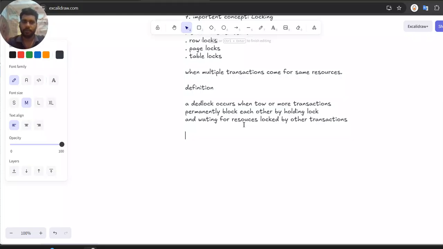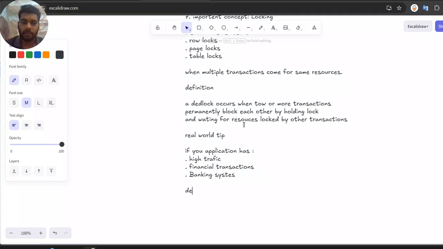So let's take some tips. If your application has high traffic, financial transactions, banking systems, then deadlock handling is important.